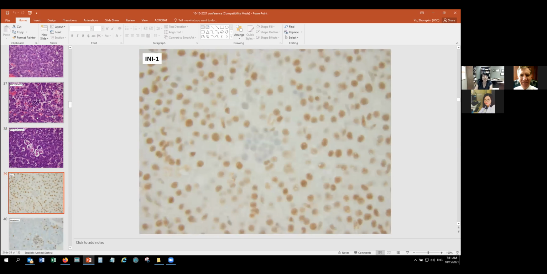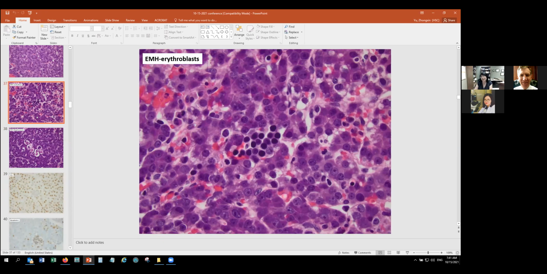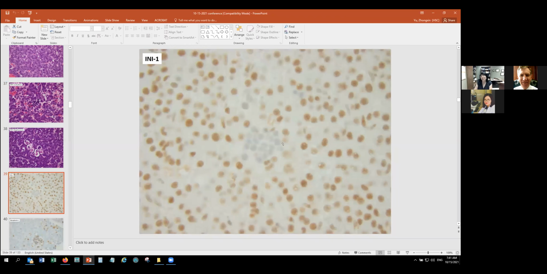I want to show you this one. When you have some area that looks like a small cell, you want to do INI1, as I said, we usually do INI1. When you do INI1, this small focus comes out with no staining, loss of staining, while other tumor cells show nuclear staining. But this doesn't look like a small cell undifferentiated type on the HE.